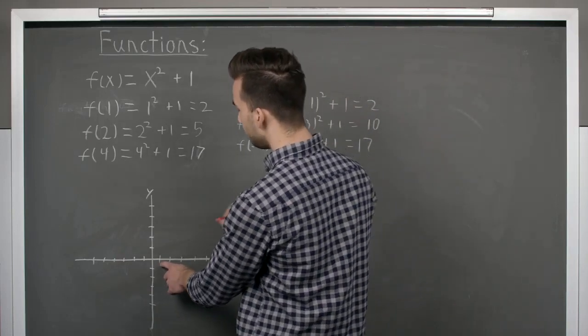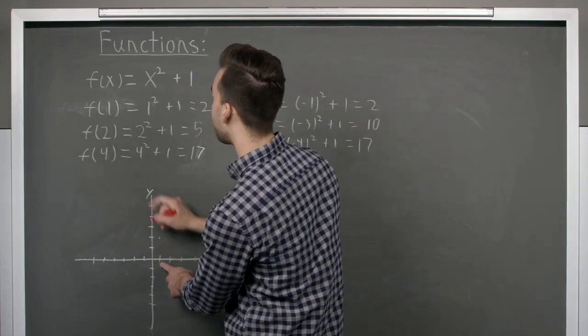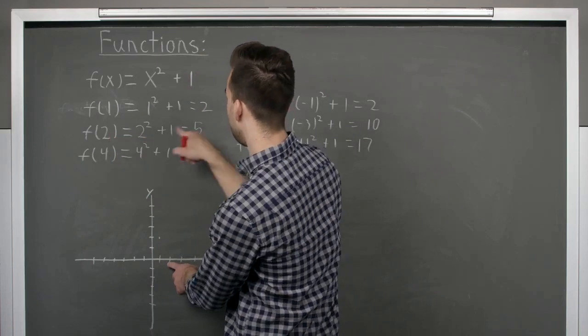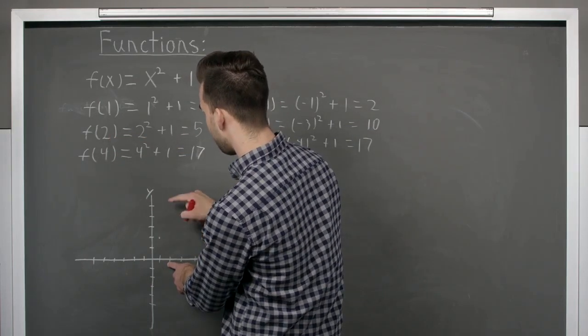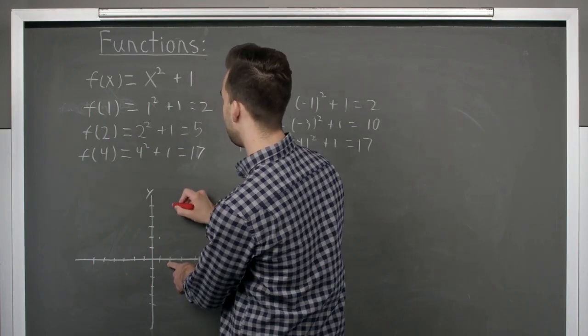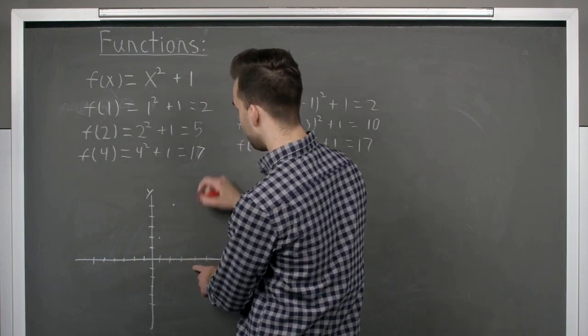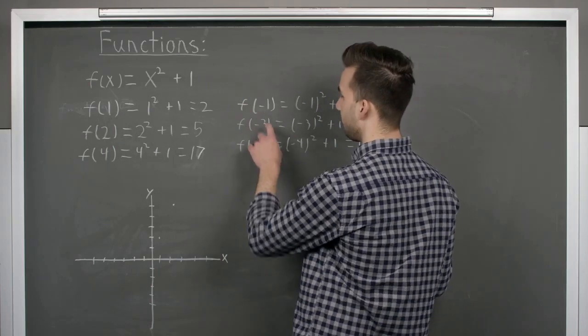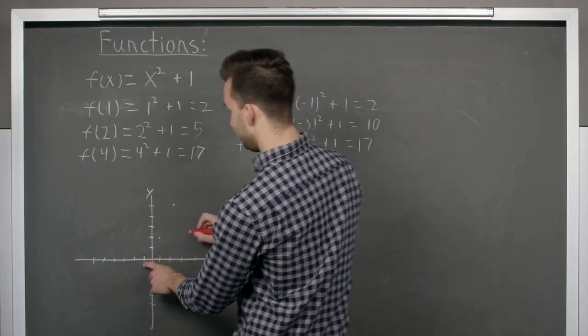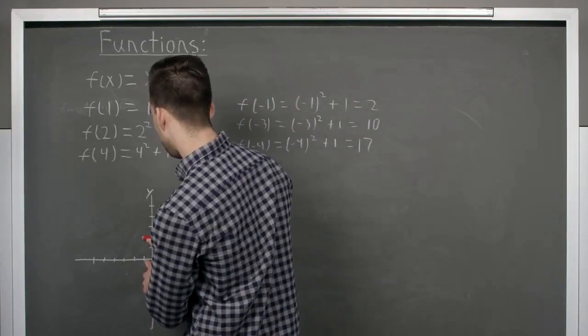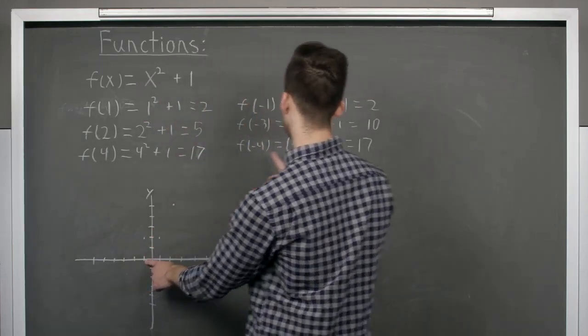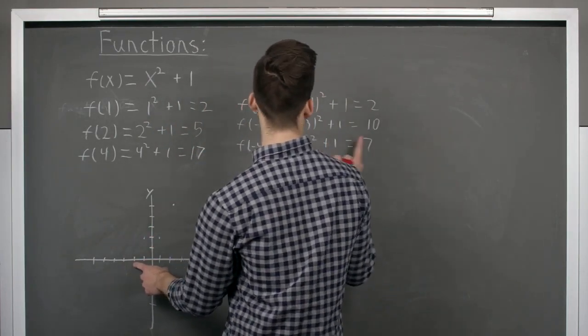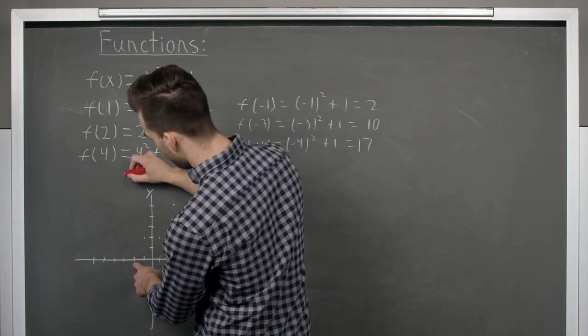So 1, 2, 5, and then 4 is way up here. And then we have negative 1, 2, and then negative 3 is 10, so it's way up here.